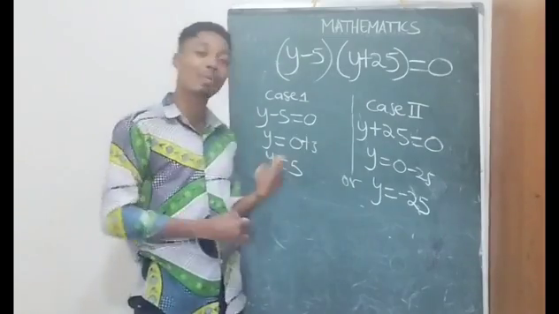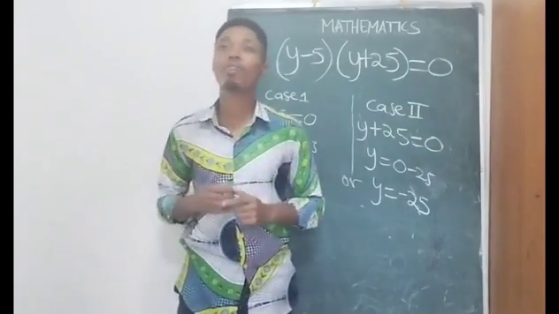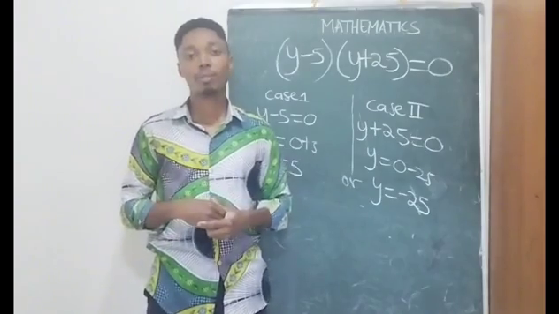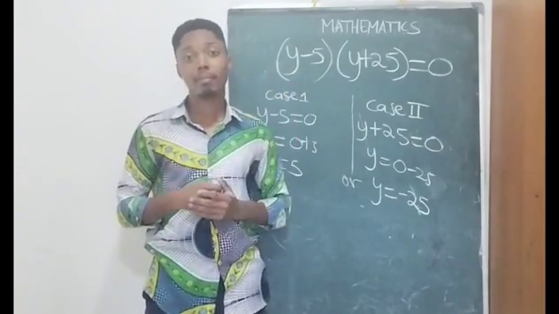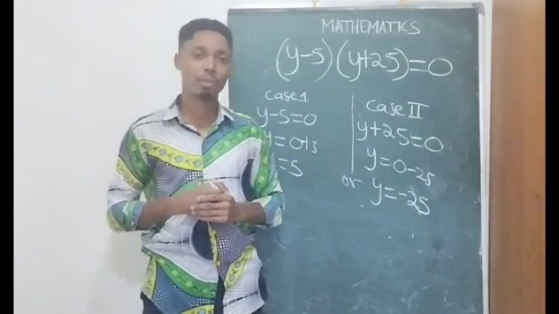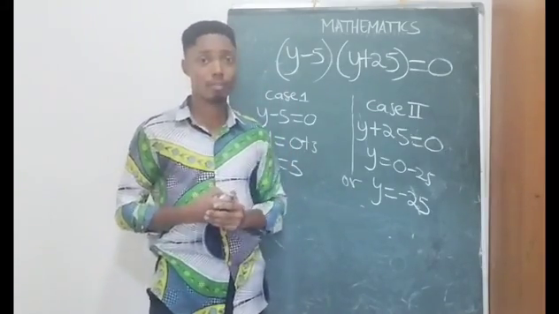Now, we are going to look at the same question via the formula method, which I derived in one of my first videos, which I encourage you to check out.